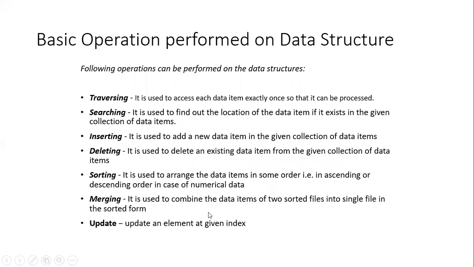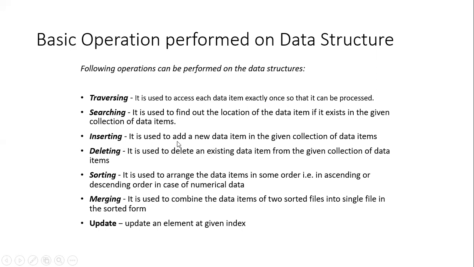The basic operations performed on data structures are traversing, searching, inserting, deleting, sorting, merging, and update. Traversing is used to access each data item exactly once so that it can be processed. Searching is used to find the location of a data item if it exists in the given collection of data.